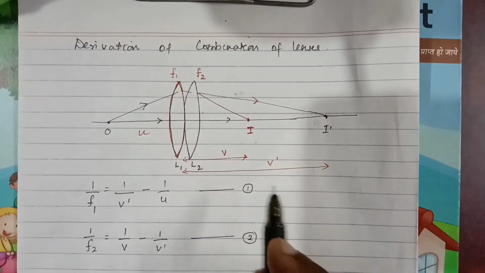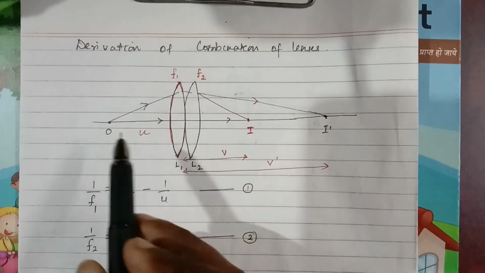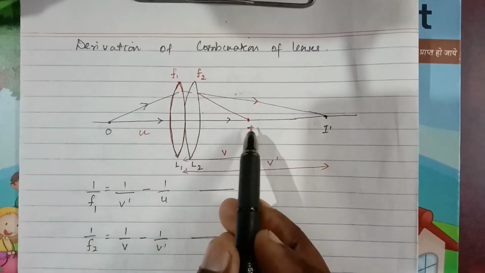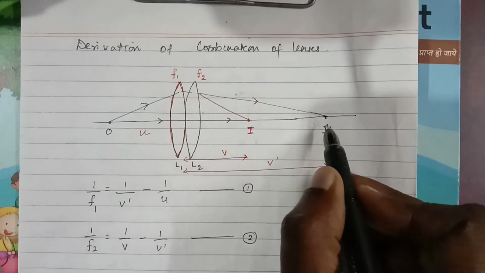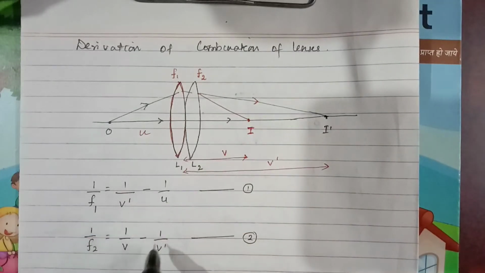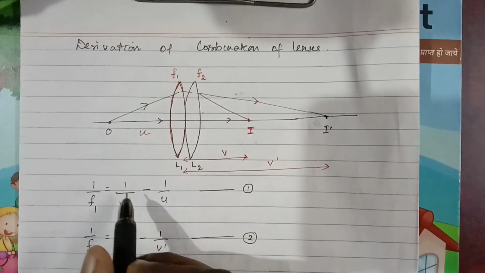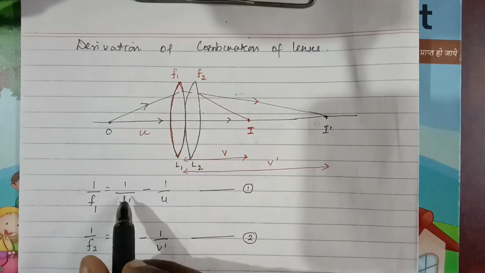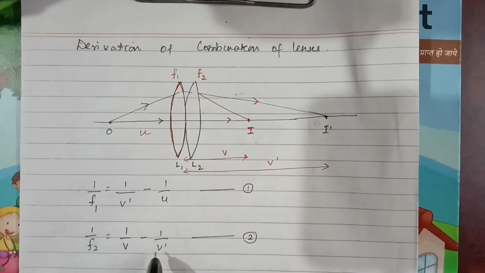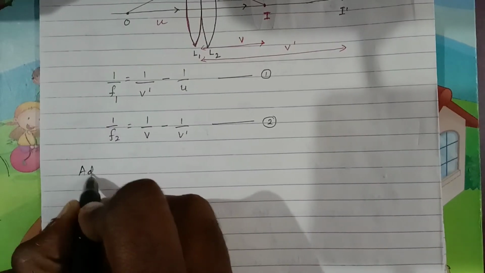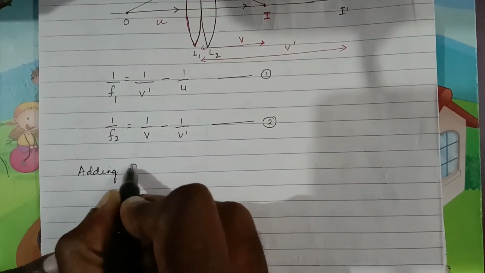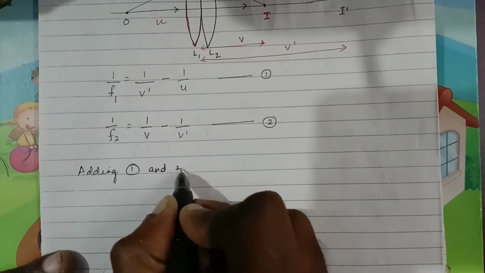But in this diagram, the object is at O and the final image is produced at I. So this intermediate image distance is not required. So we can remove these two terms. How will we remove them? By adding equation 1 and 2.